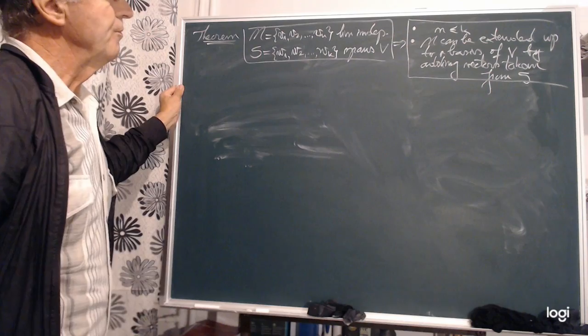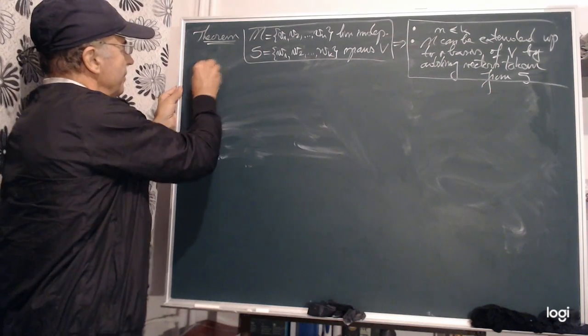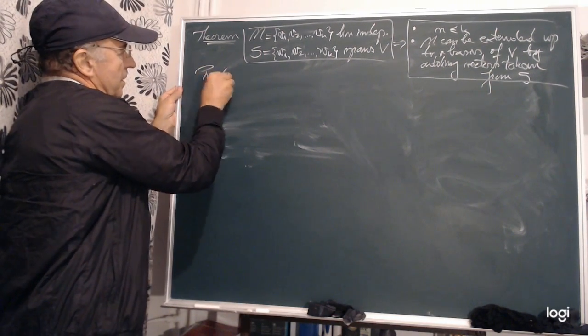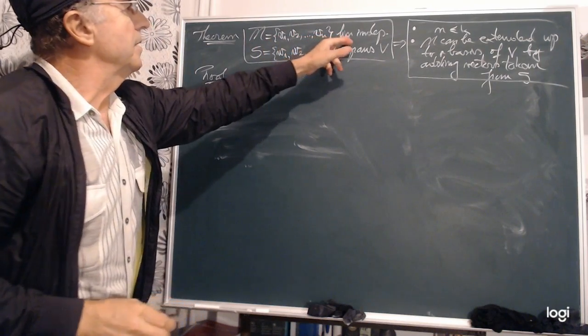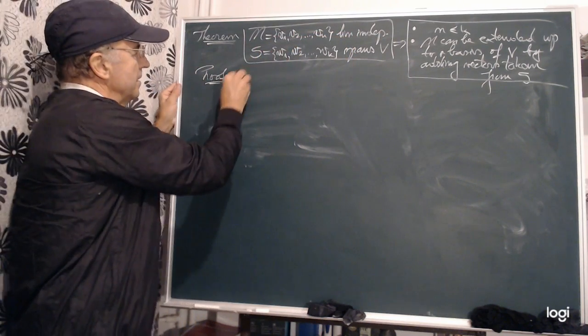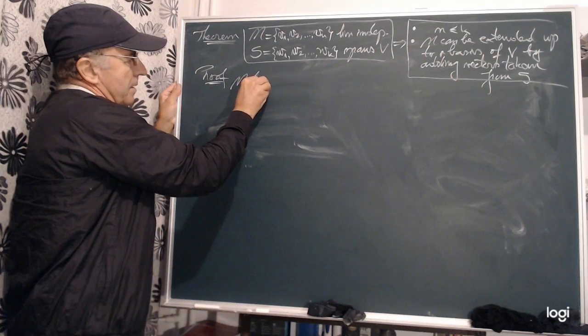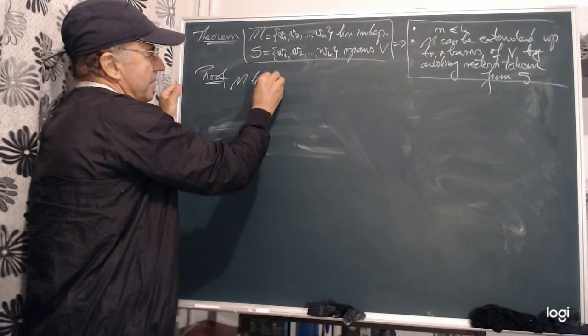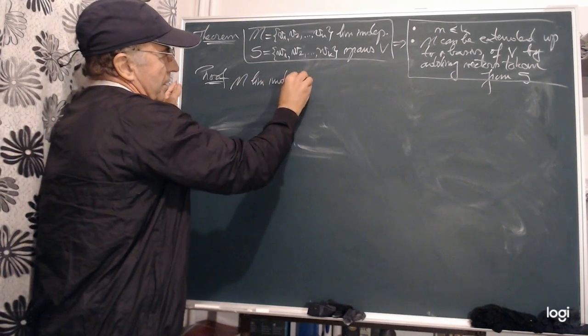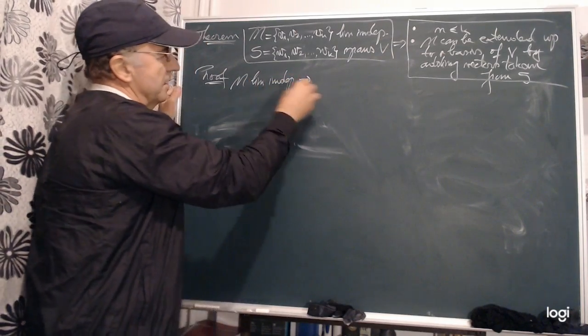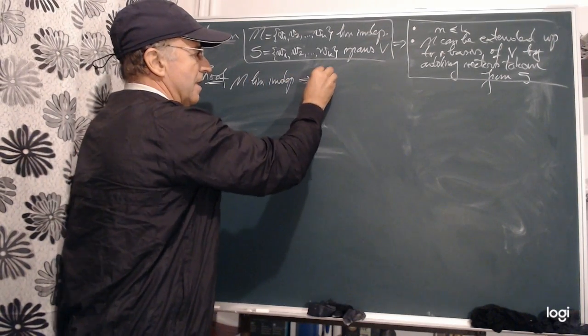Let us prove this. Proof. Firstly, M is a linearly independent system of vectors. We know that it cannot contain the null vector.